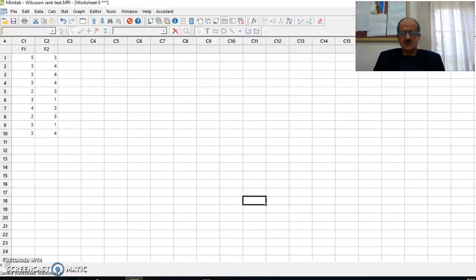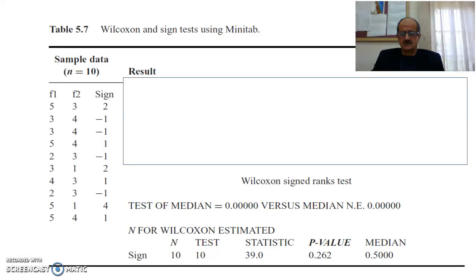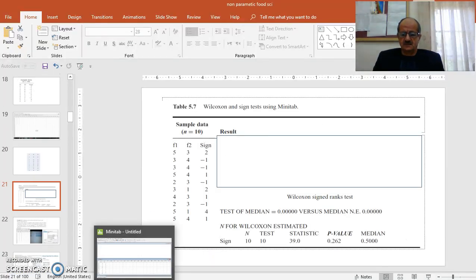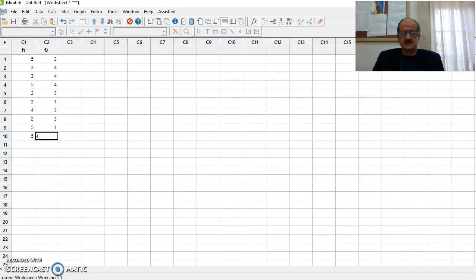The question: is there evidence that consumers view the factors differently in terms of importance for choice? Here is the data. Now we go immediately to the Minitab test. Okay, here is our data. Let's enlarge this. Okay, we have the two choices, F1 and F2.